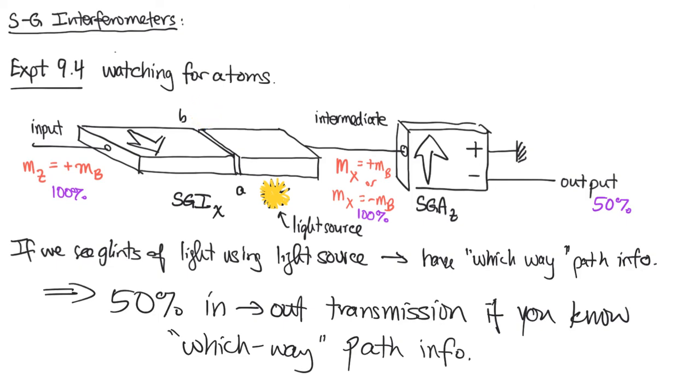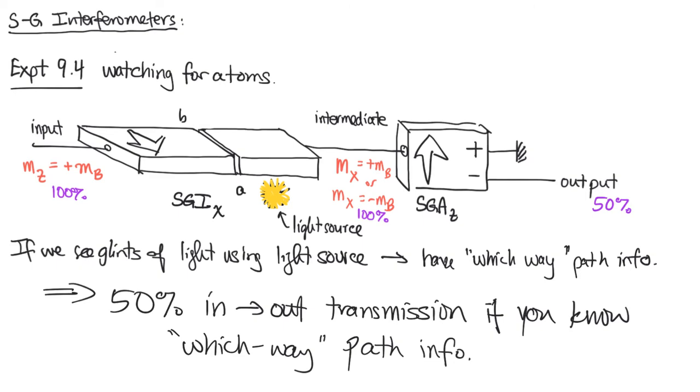But we would still have the same result, because if we saw a glint of light, we would know that the atom took path A, and if we did not see a glint of light, we could infer that the atom took path B. So with two slits, you only need one light source to determine which path was taken, and the output probability will stay at 50% even if you have only one light source.